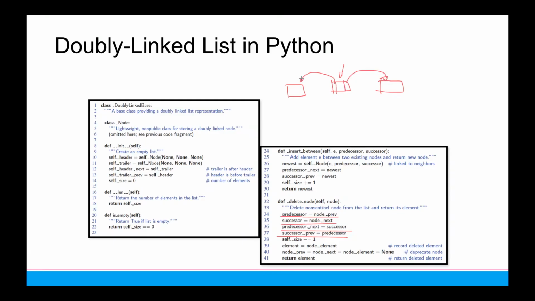After we know the predecessor and the successor, this will be directly updated. So this will be connected with this one, and this will be connected with this one, and then the size will be minus 1. Then we will check the element, and the next node and the previous node and the element will become none, so we remove it.